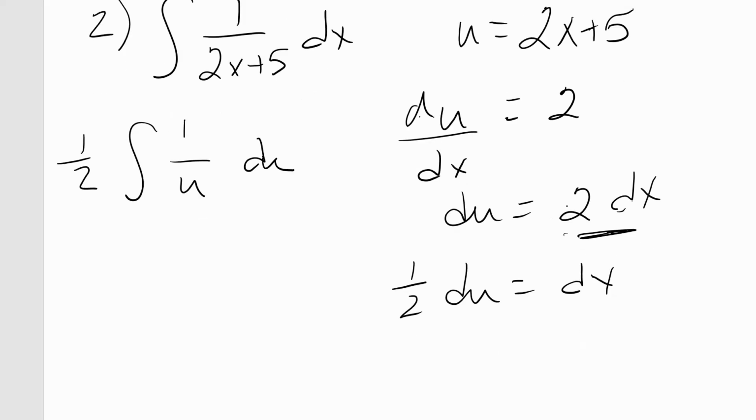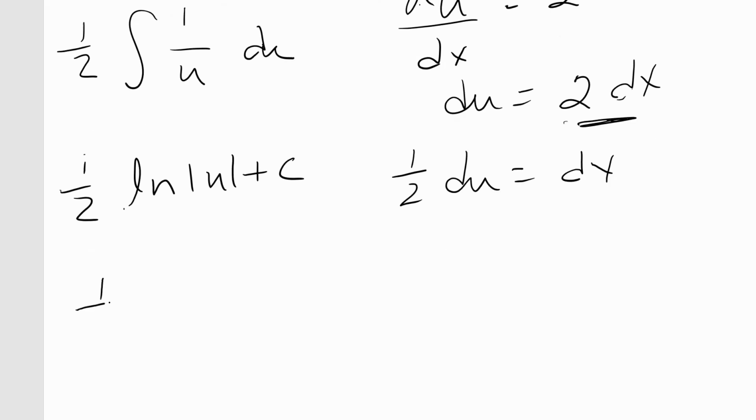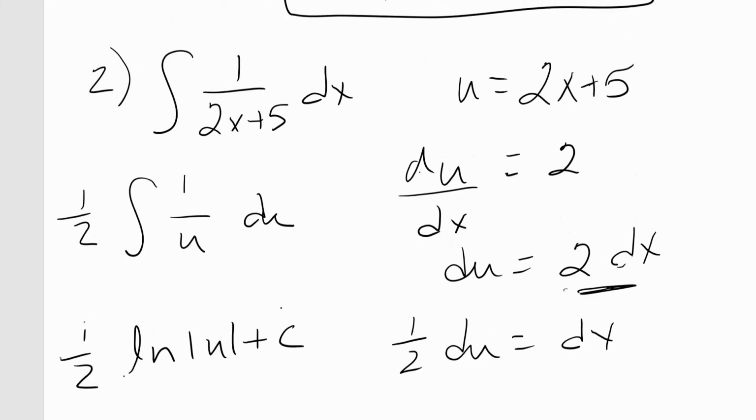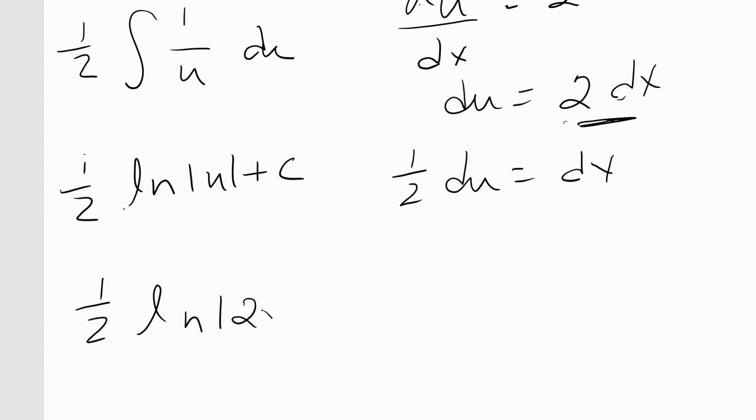So the integral of 1 over u du, leave the 1/2 out front, is going to be the natural log of the absolute value of u plus c. Plug your information back in. So I have 1/2 the natural log of the absolute value of u. Remember, 2x plus 5 is equal to u. So this is going to become 2x plus 5, then plus c.